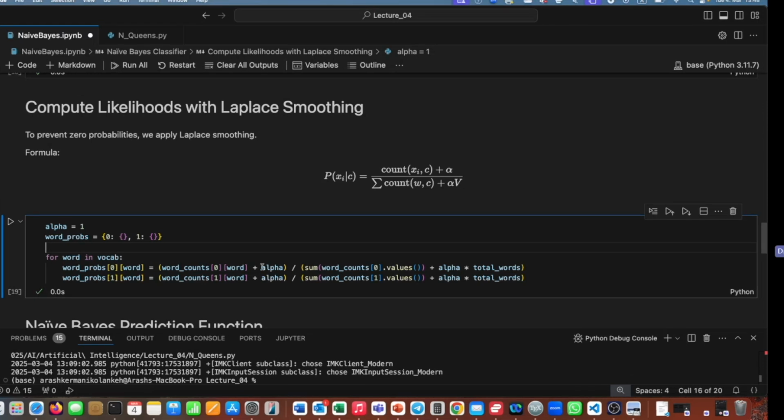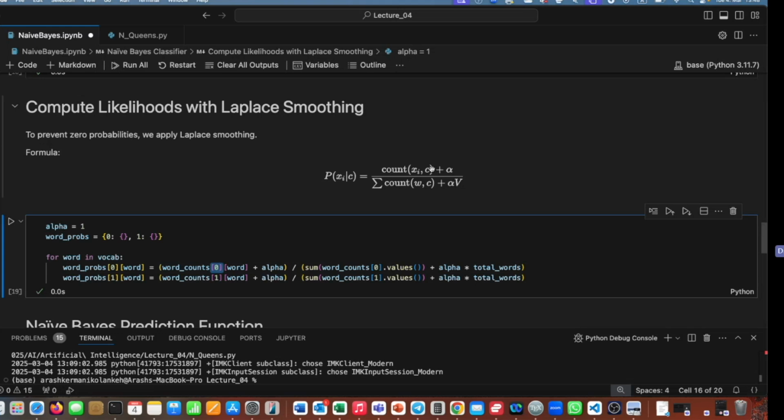The alpha here, we can see it. The denominator is a function of the number of our total words. And what are the rest? This you can see, this is the count of each word from the vocabulary in class 0.